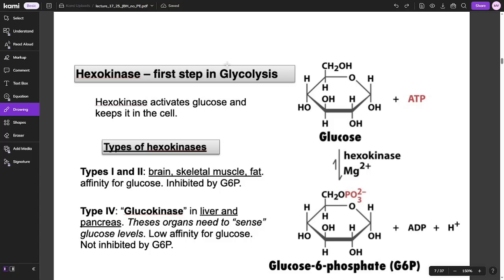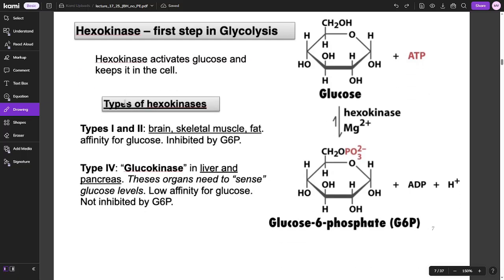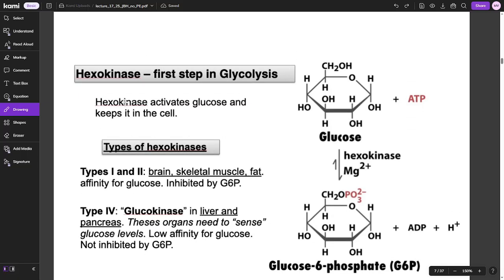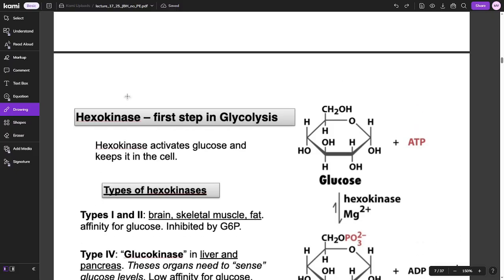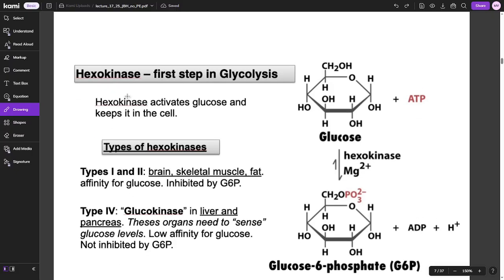So hexokinase is first up in glycolysis. It basically activates glucose and keeps it in the cell.